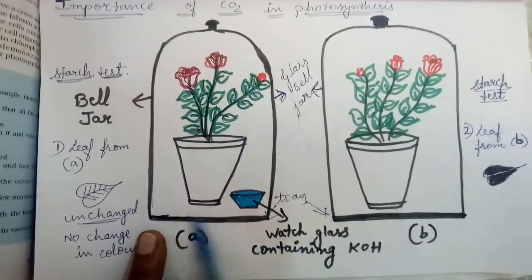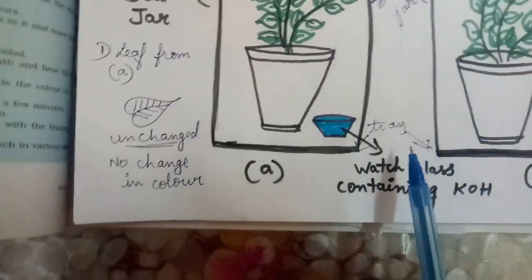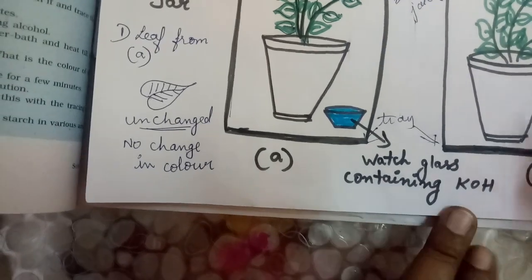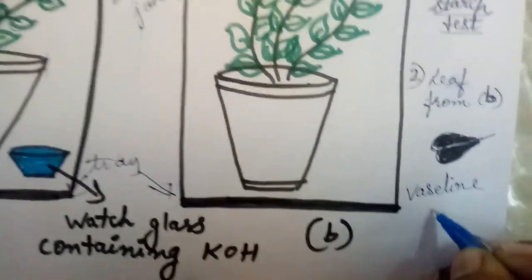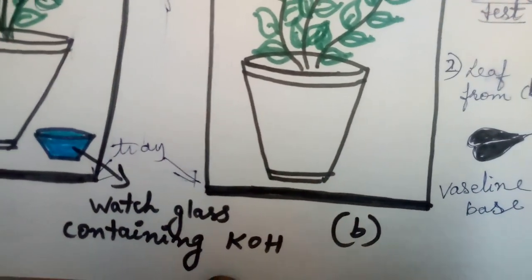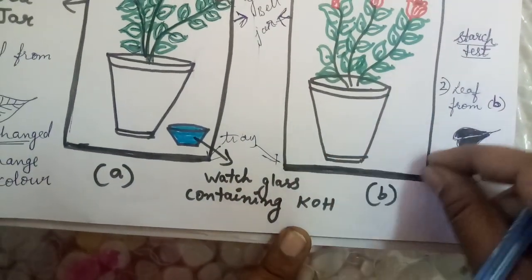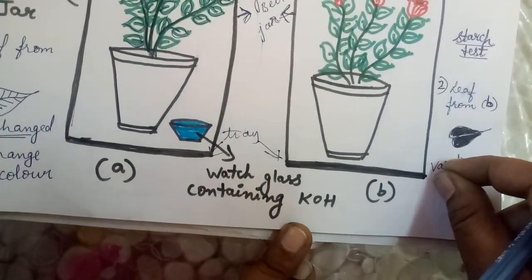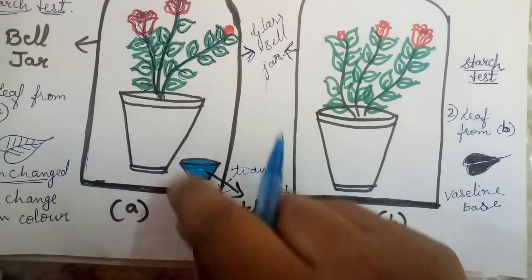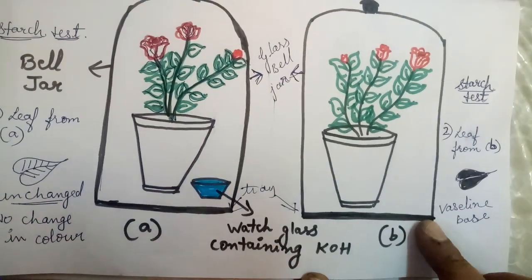Then at the bottom we have to seal it completely airtight with the help of Vaseline. You know the Vaseline which we apply, a thick fluid. With the help of Vaseline we can seal the base so that no air can enter inside. That is the main purpose of sealing it with Vaseline.